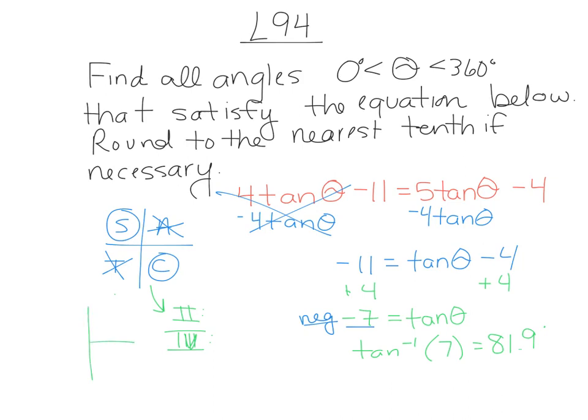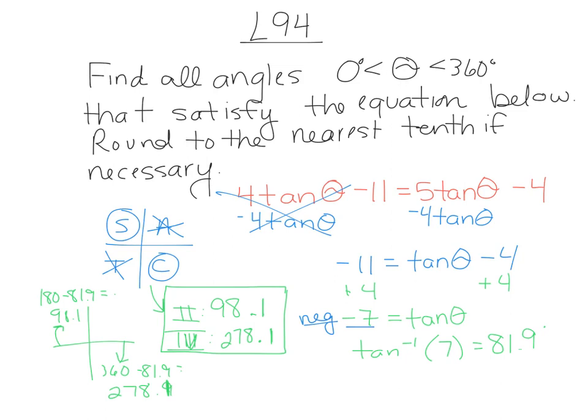For the second quadrant, we have 180 minus 81.9, which is going to give me 98.1. And in the fourth quadrant, we have 360 minus 81.9, which is going to give us 278.1. So those are my two answers. We'll move on to the next problem.